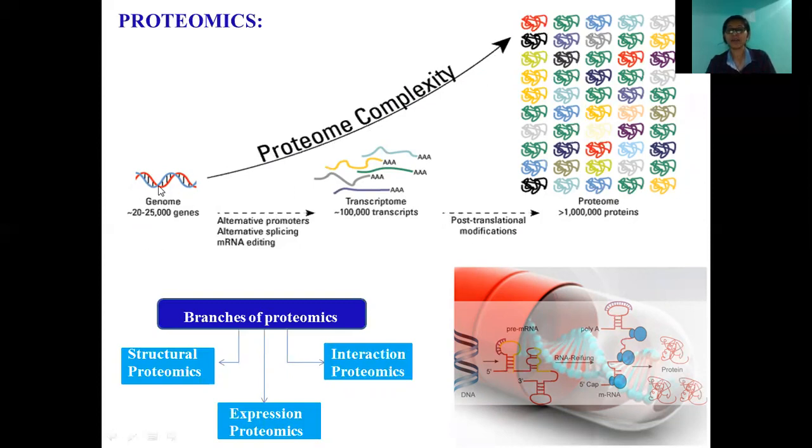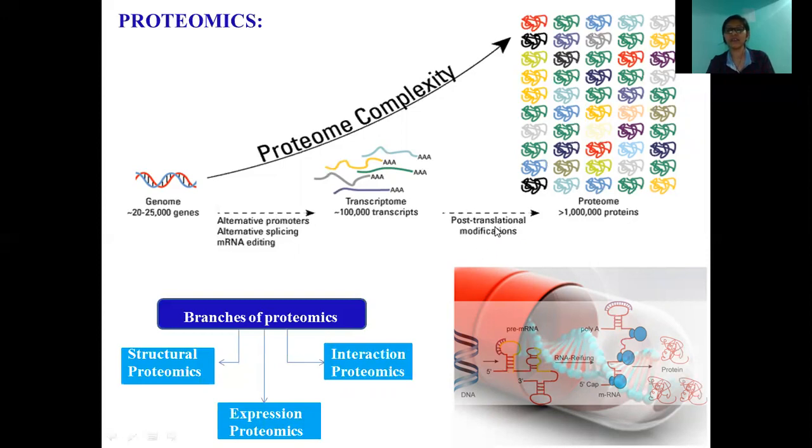Because whatever genes are present in that individual, say for example 25,000 genes in one individual, these genes go through the process of alternative splicing. I am not explaining alternative splicing here; hope that you already know that. Because of alternative splicing, many transcripts are produced from a single gene, and from these transcripts you may find a larger number of proteins, because the transcripts may go through post-translational modifications.